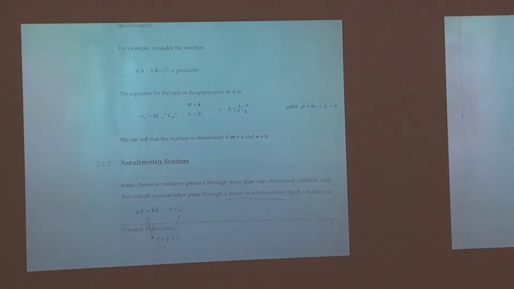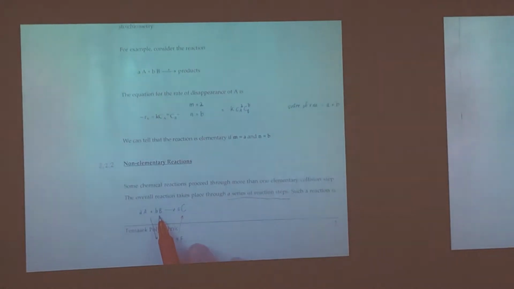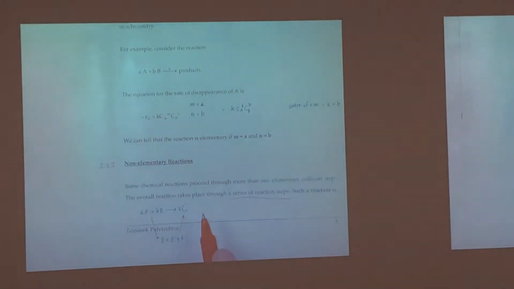You can't tell from the reaction equation itself. When you see this kind of reaction, you can't tell whether it is non-elementary or elementary unless you check it from the rate, the order of reaction, which I will show you later.